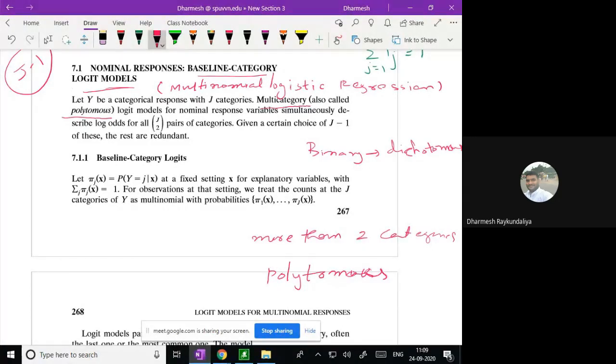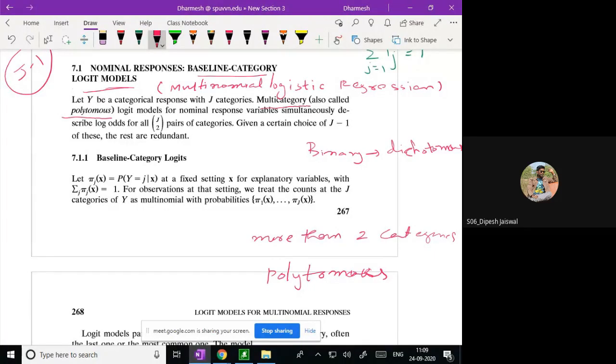But if you are talking about injury, whether minor, moderate, or severe, of course there is an association between the categories. If you have the information about minor injury, then you can talk about the moderate and severe. Such data is said to be ordinal. But both kinds of data are covered under the polytomous response and are said to be multi-category models.